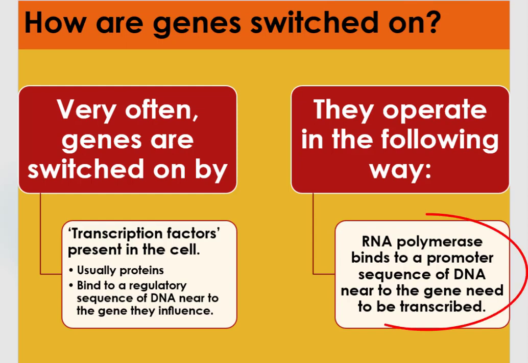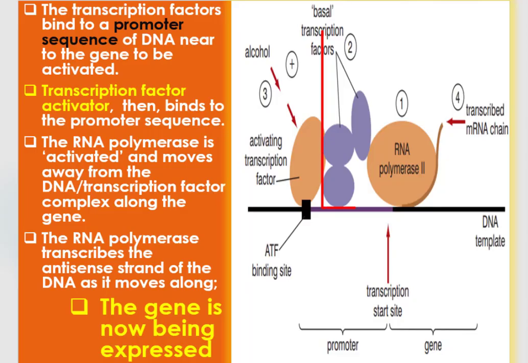First, RNA polymerase must bind to a promoter sequence of DNA near the gene needed to be transcribed or expressed. Second, basal transcription factors must bind to a promoter sequence of DNA near the gene to be activated. And thirdly, a transcription factor activator must bind to the promoter sequences.